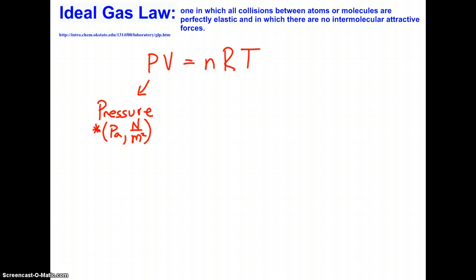Those are the standard SI units. However, in our unit here in thermodynamics, you may also see units of atmospheres. And on your reference table, there's a conversion between pascals and atmospheres, in that 1 atmosphere is 1 times 10 to the 5th pascals.